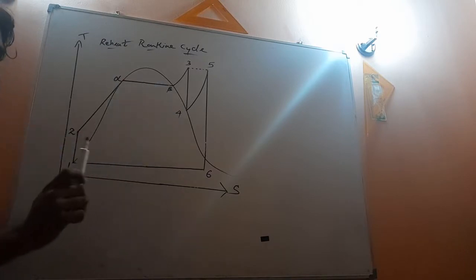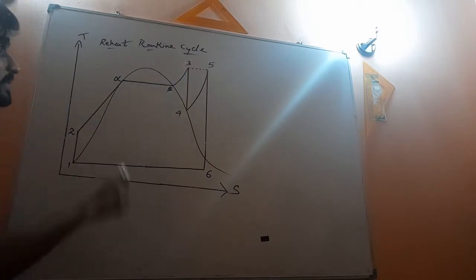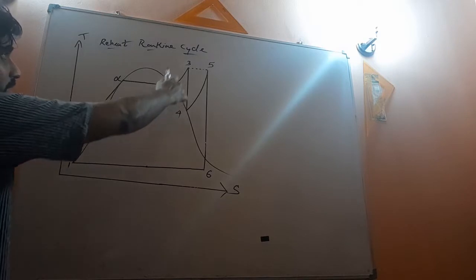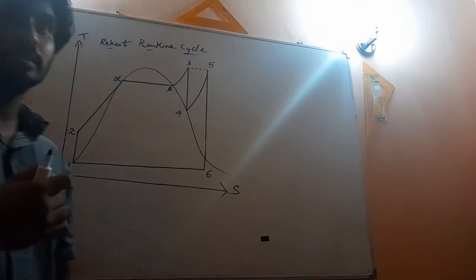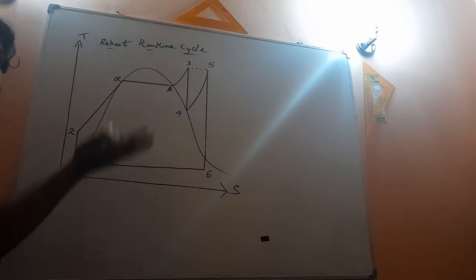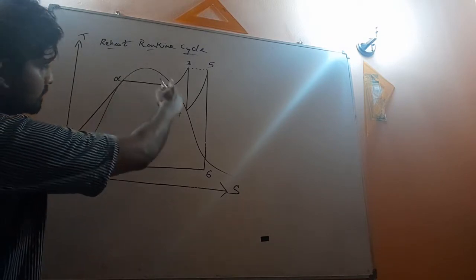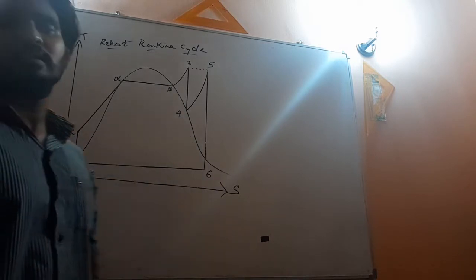beta also a straight line, but be very careful, beta to 3 is not a straight line, that is a curve, right? Because beta to 3 is constant pressure heating above the saturated region, because this dark line represents the saturated curve.